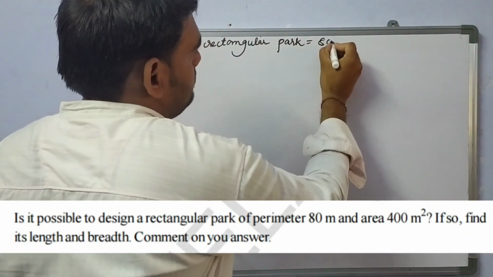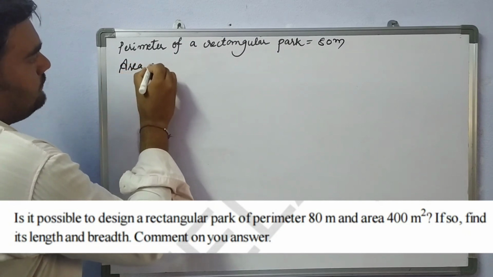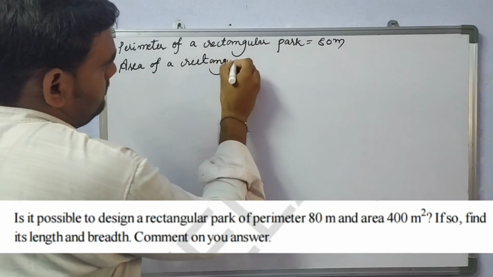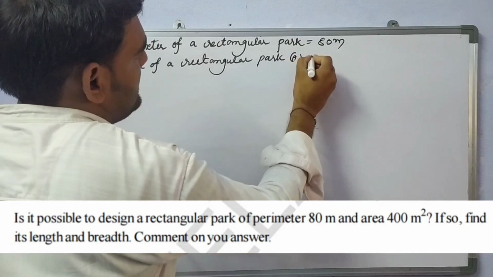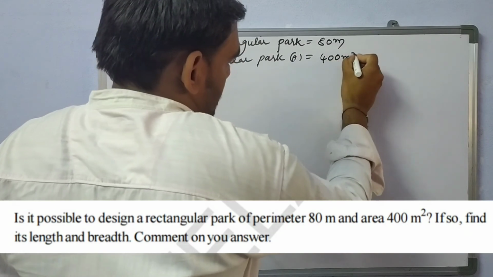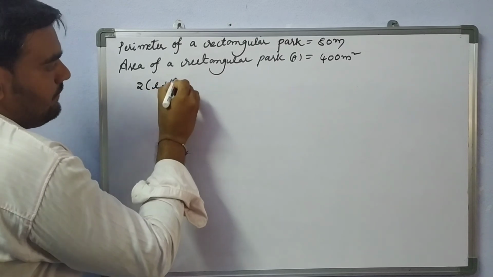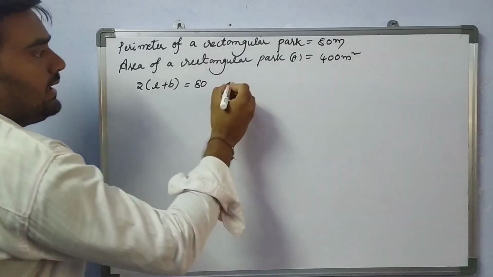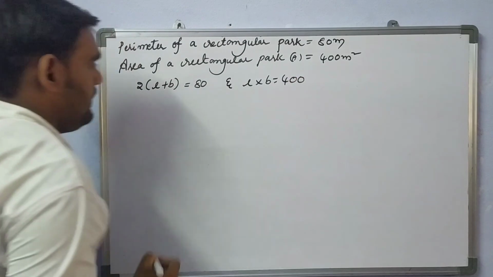Next, the area of a rectangular park is equal to 400 square meters. In the problem they gave 2 times (L plus B) is equal to 80, and L into B is equal to 400 square meters.